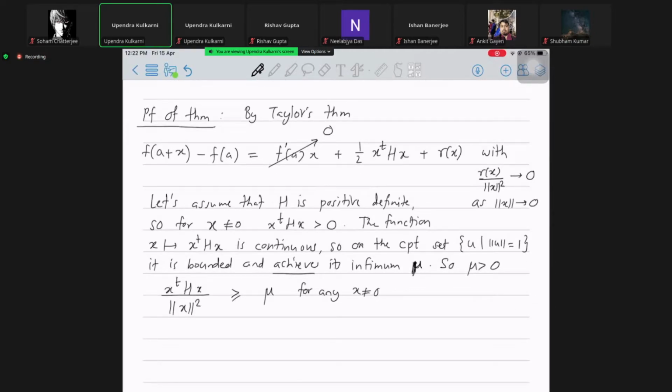Now do you see why this is going to happen? What happens is that the infimum was obtained on only the set of unit vectors. But this is precisely equal to x by norm of x, the whole transpose, times h times x by norm of x, correct?